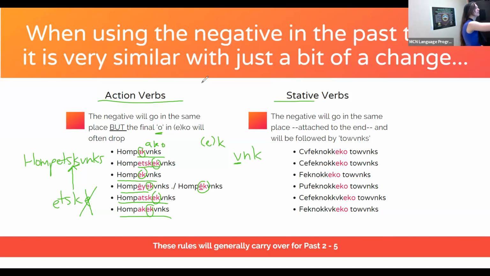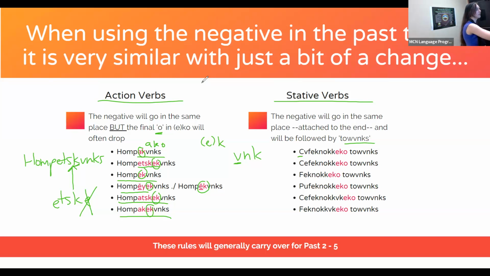For stative verbs, the negative is going to go in the same place, attached to the end, and this time it's just followed by dounks. So for negatives in the past tense for stative, it's very easy. We just add the ego, everything else is the same.